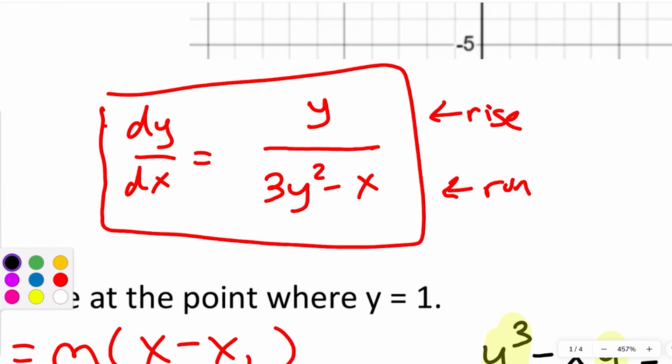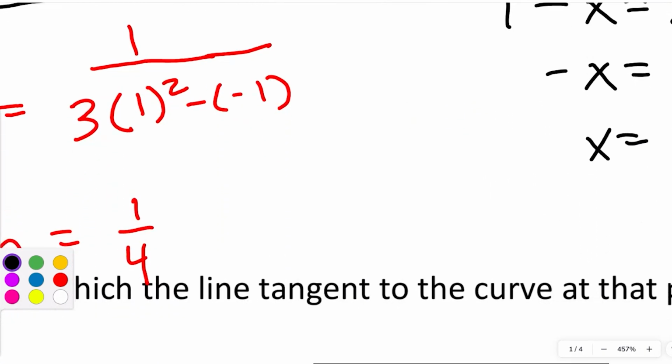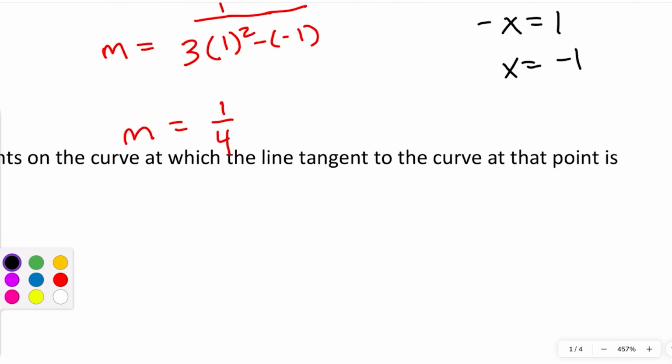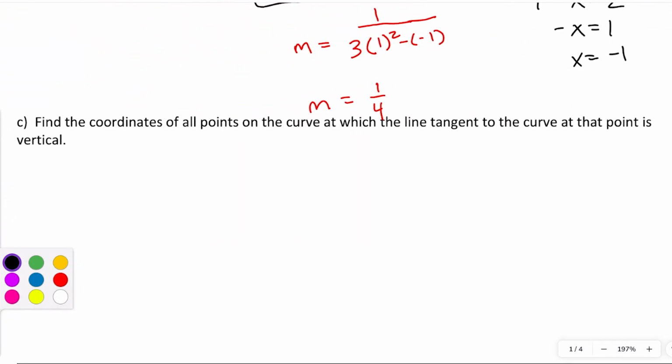Yeah, the denominator has to be 0. So what we're going to do is set the denominator equal to 0. All right, so our denominator here is 3y squared minus x equals 0.